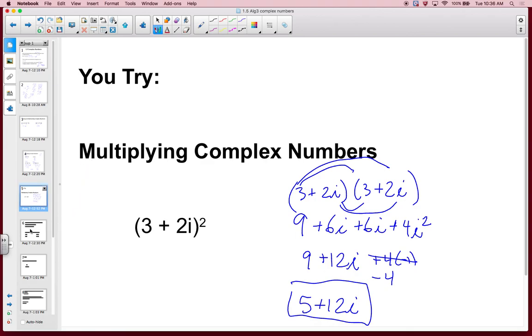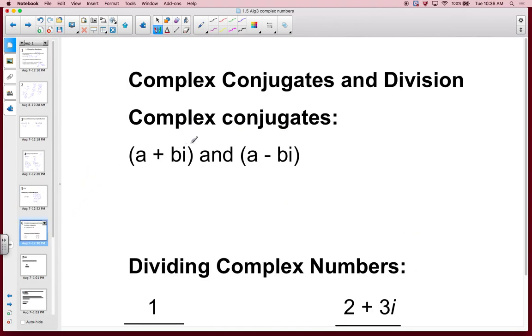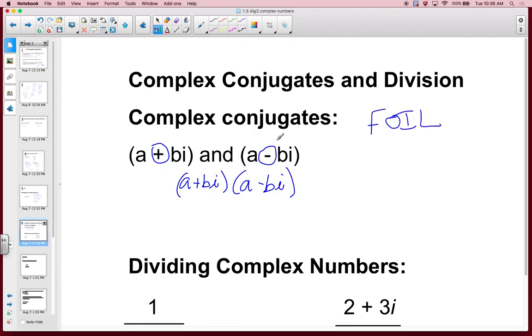All right, moving on. Here's what I was talking about with the complex conjugates. So with complex conjugates, notice just the second term is changing. So if I go ahead and I take these and I multiply them out, you're going to see that the outer and inner, when we try and FOIL it, will always cancel out. So let's give it a try. First, a squared. Outer, we're going to get a negative abi. Inner, we're going to get a positive abi.